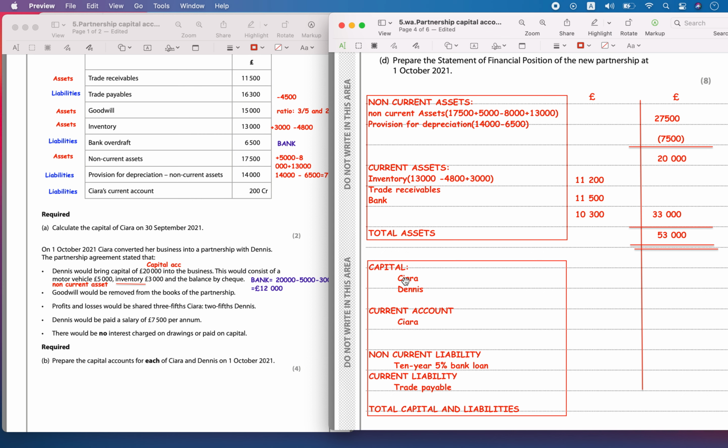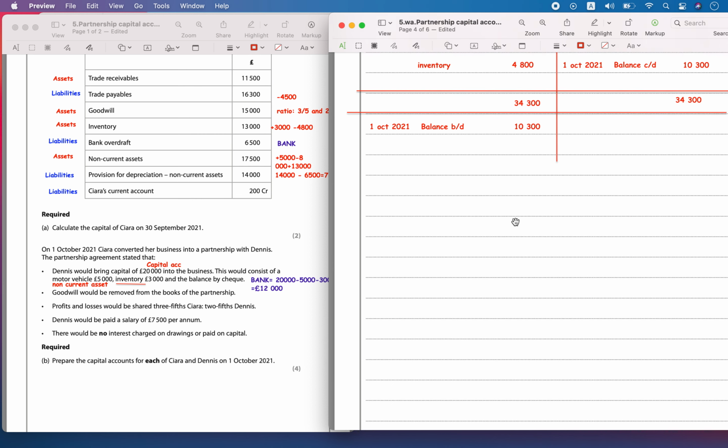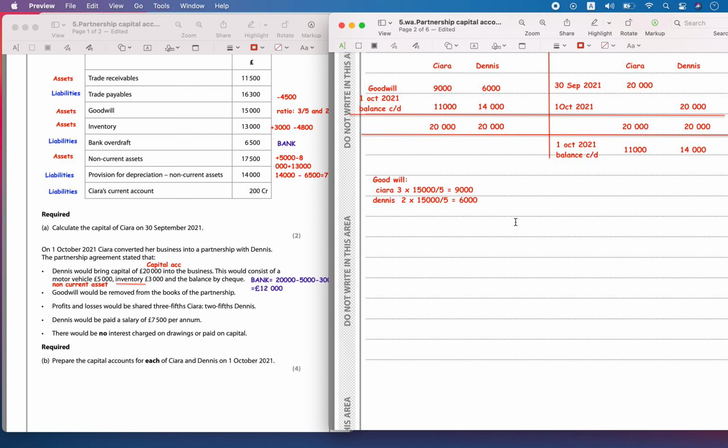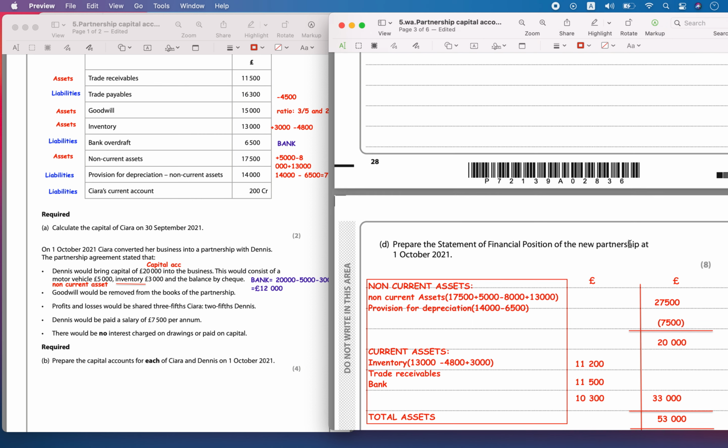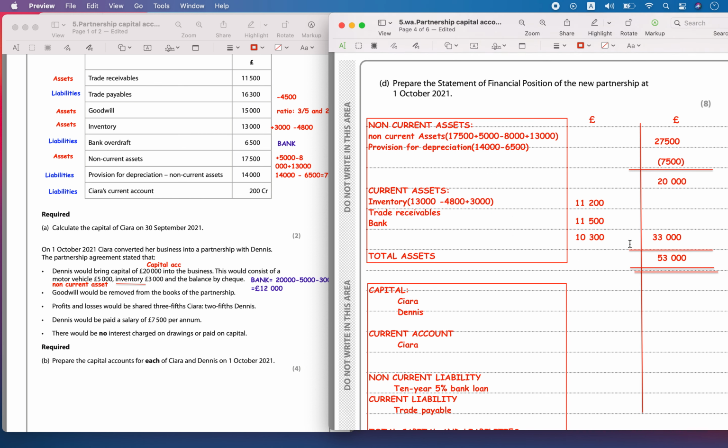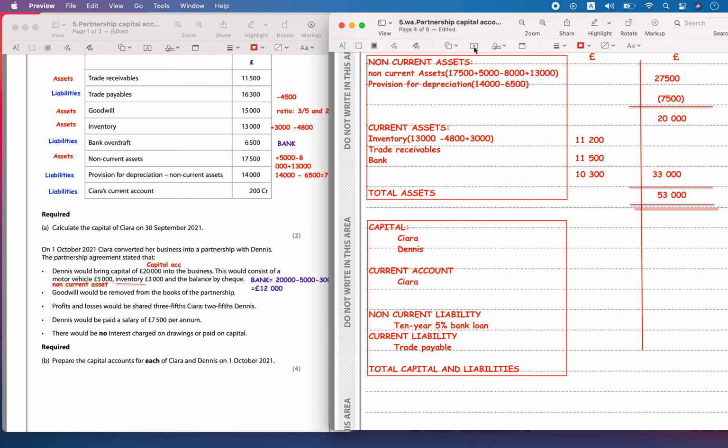Then we have the capital. For the capital of Ciara and Dennis, we had been asked to prepare the balances. It is 11,000 and 14,000. It is on the credit side, on the liability side, so you have to correctly indicate it as capital.